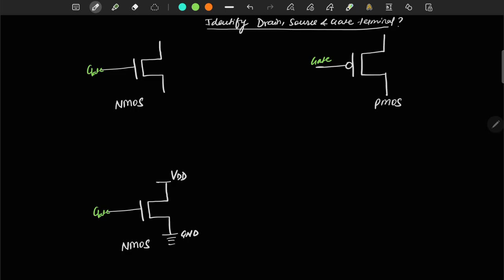I have applied a VDD here, over here, and a ground in the lower part. Now there must be some current, which should flow from higher potential to lower potential. So let's say this is the current in NMOS, I_D,N.